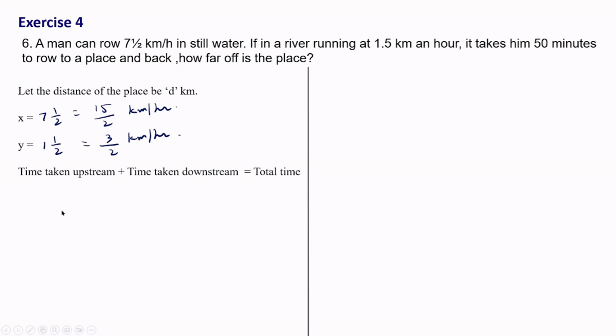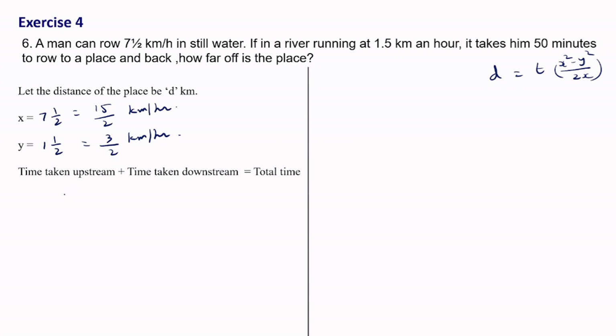So time taken to go upstream plus time taken to go downstream, it is the total time. Again we can use the formula directly. D is equal to T into x square minus y square upon 2x if step marks are not required. Otherwise, let us proceed with the steps.